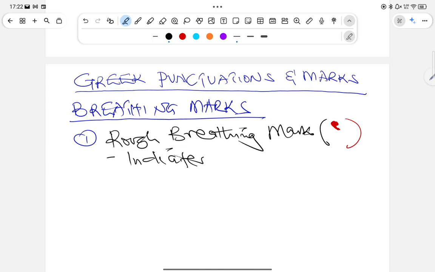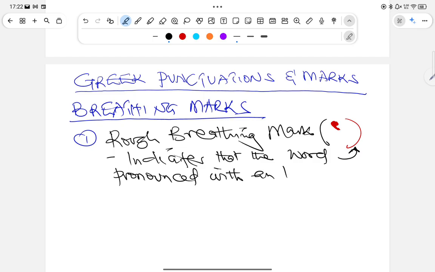The rough breathing mark shows that the word having that breathing mark is pronounced with an initial H sound.